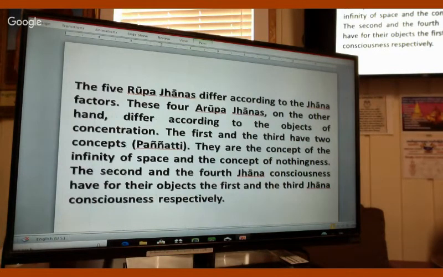If you want to upgrade the Rupa Jhana, what we need is the Jhana factors, the Jhana factors produce the upgrade. But if you want to upgrade in Arupa Jhana, you need to change your object, the conceptual object. So it's different. Rupa Jhana goes according to the Jhana factors, upgrading from one stage to another stage.